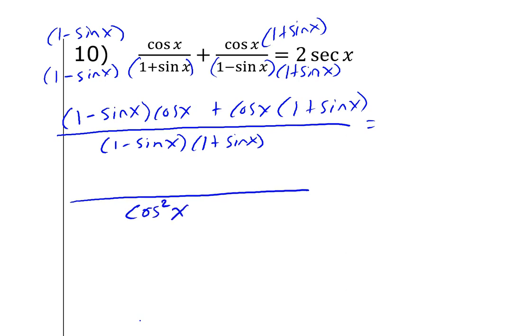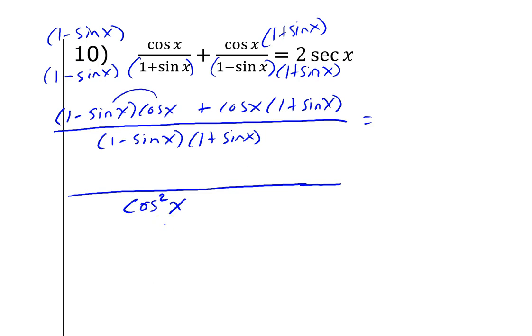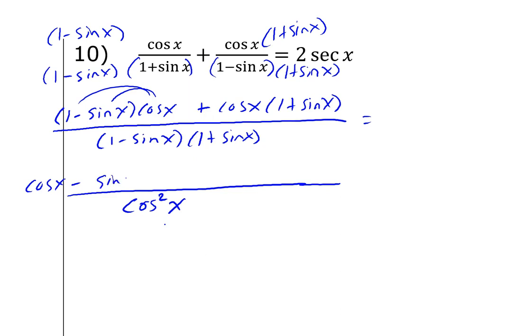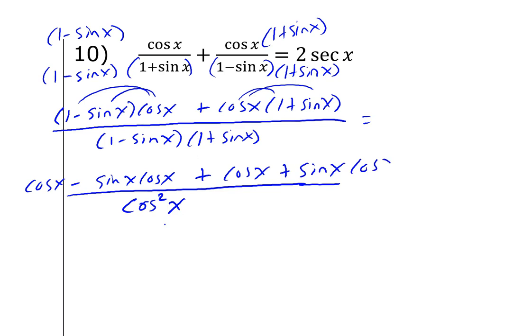Now the other thing I'm going to do is the distributive property. So if I distribute the cosine x, that's going to give me cosine x minus sine x cosine x. And then if I do the same thing over here, that's going to be plus cosine x plus sine x cosine x.